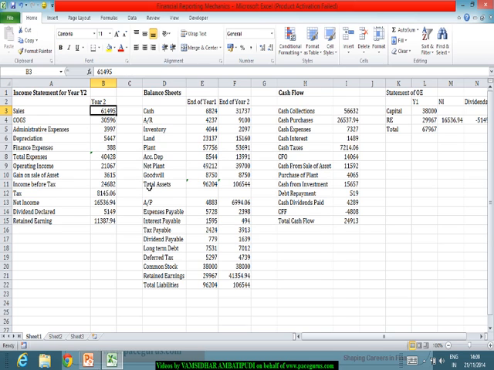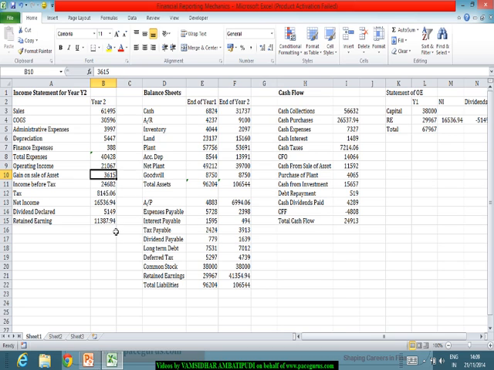Starting with the sales or revenues, cost of goods sold is an expense, administrative expenses, depreciation for the year is an expense, financial expenses is an expense. The total expenses are the summation of all these four. Sales minus the total expenses results in operating income, so these are the various operating activities of the company displayed up to here.